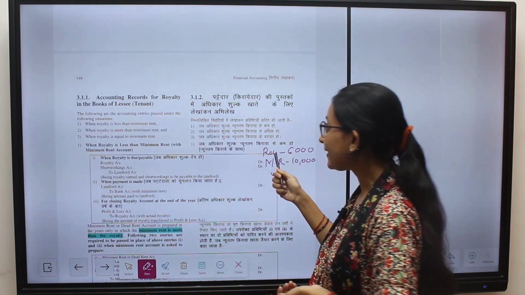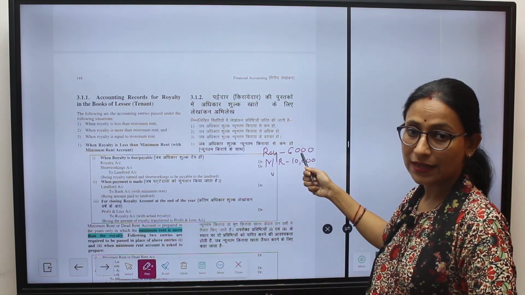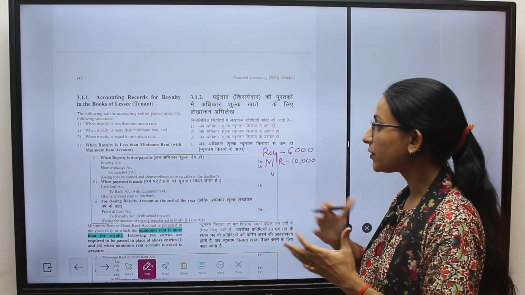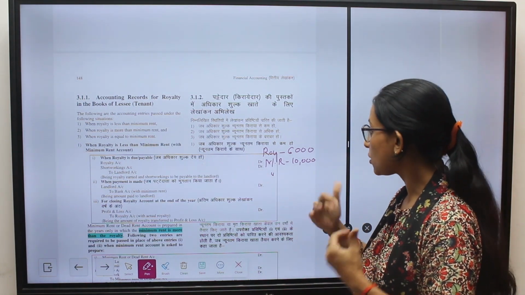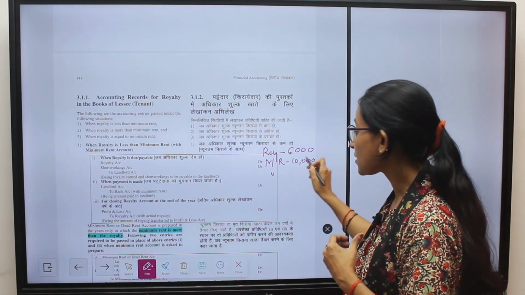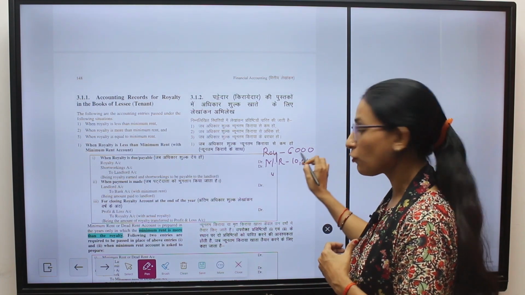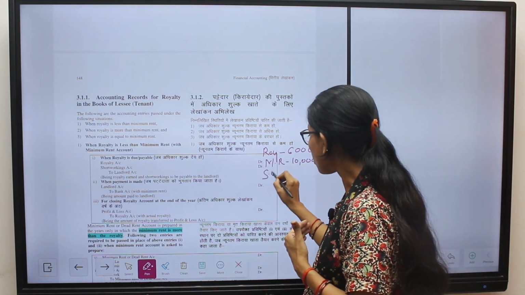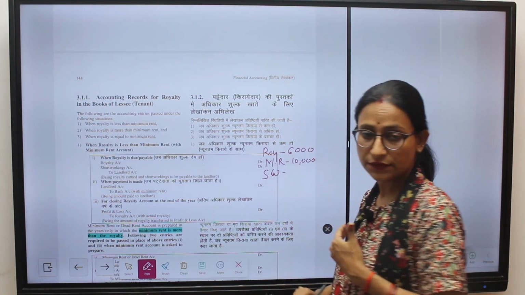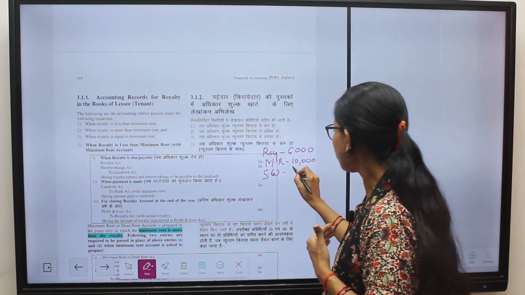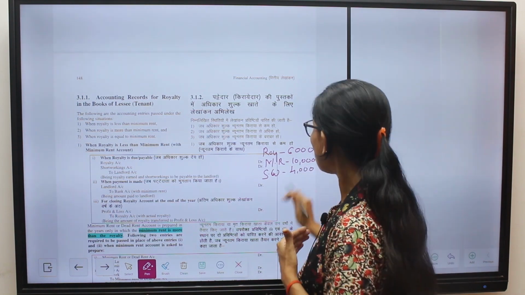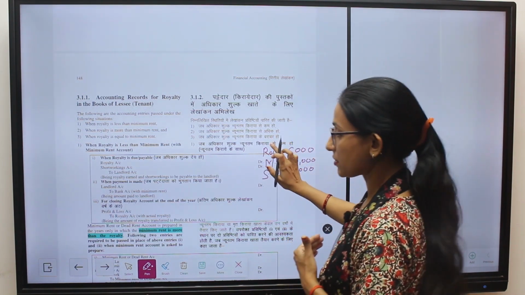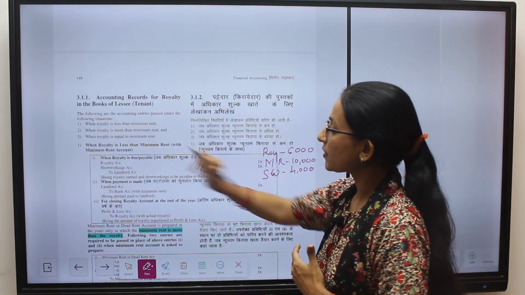So the royalty is only 6,000 and the mutual agreement between the landlord and the lessee is of 10,000 rupees, meaning he has to pay minimum rent of 10,000. So what will be the short working amount? Here the short working amount is rupees 4,000. Taking this amount into consideration, we'll pass the first entry.